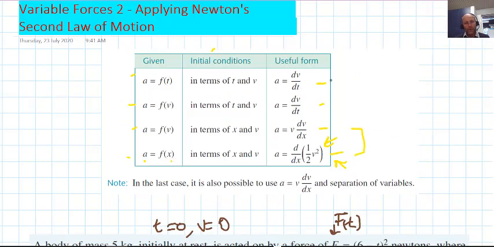Now we're going to use dv/dt because we've got force as a function of time. And we're told about the initial velocity, so we're given v in terms of t, so we're going to go with dv/dt in a question like this.